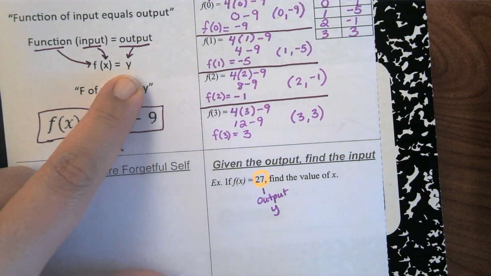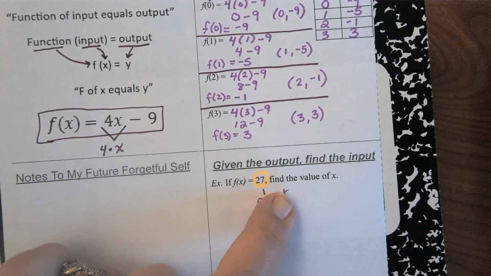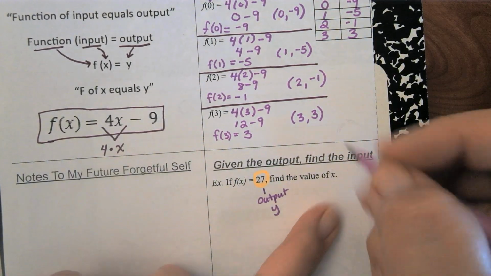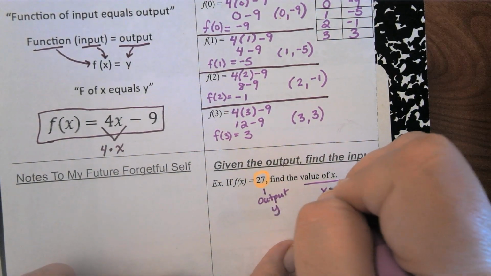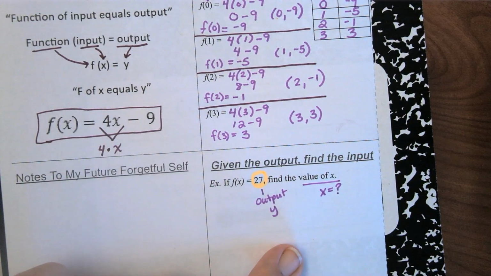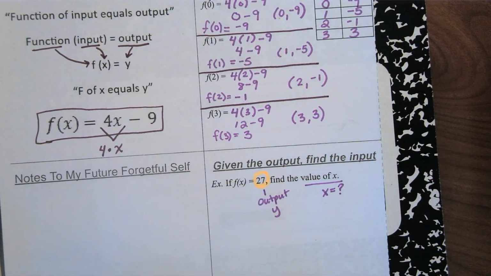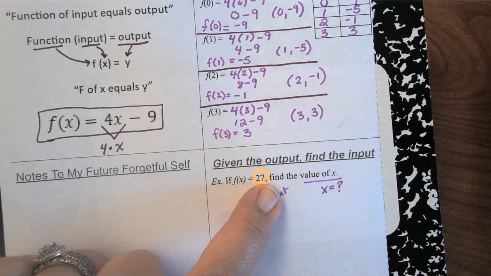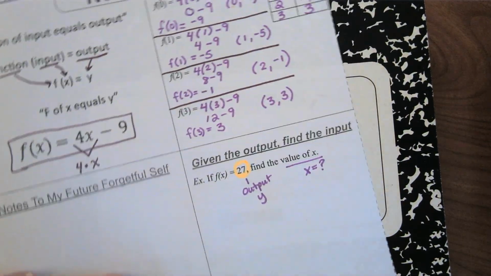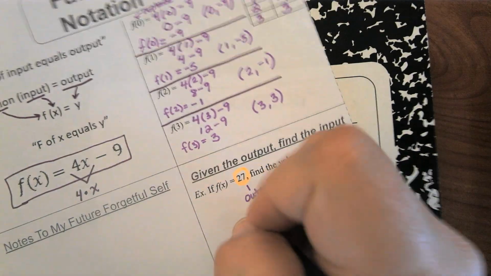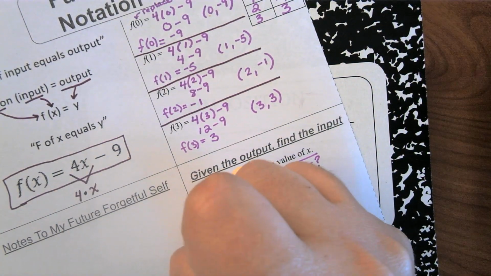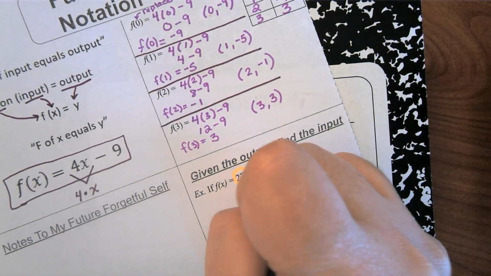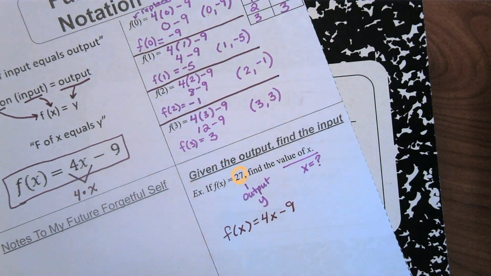So what that means is we have the answer. It says find the value of x, meaning we don't know what x equals. We've got to figure that out. What is the x that went in that makes it come out as a 27? So if we write down what our function is, f of x equals 4x minus 9.